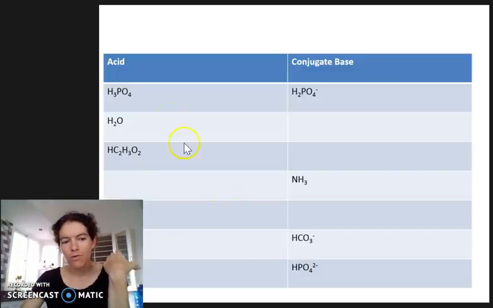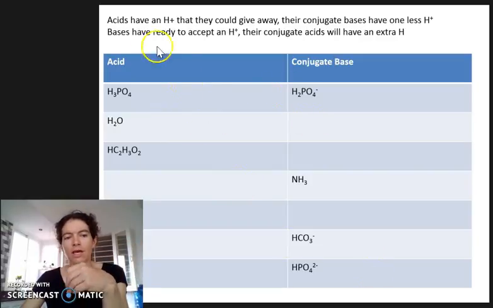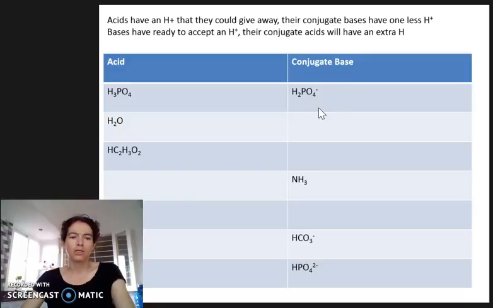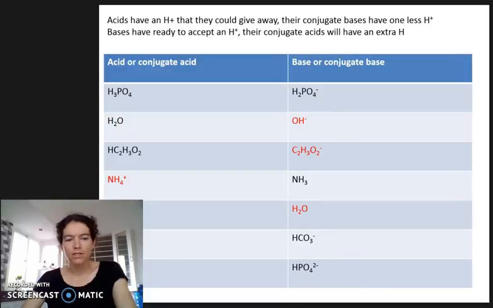So here we've got an acid and its conjugate base. The thing to look for is that acids have an extra H plus, and their conjugate bases have one less H plus. Bases are ready to take an H plus, so if we're looking for their conjugate acid, it would have an extra H. So fill this in: pause it, fill it in, check your answers.